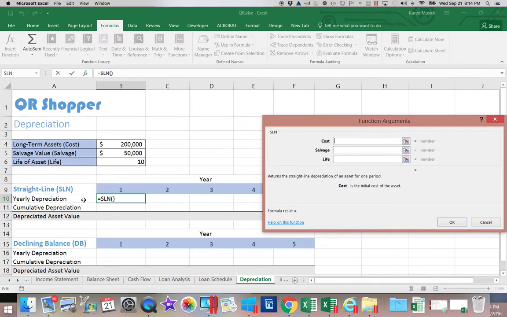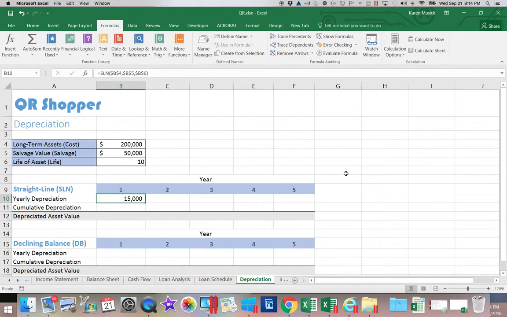So we're going to choose straight line. We need to put the cost. That needs to be absolute. We don't want that to move. We're going to put the salvage value in. Again, that must be absolute. And the life. So that has to be absolute.